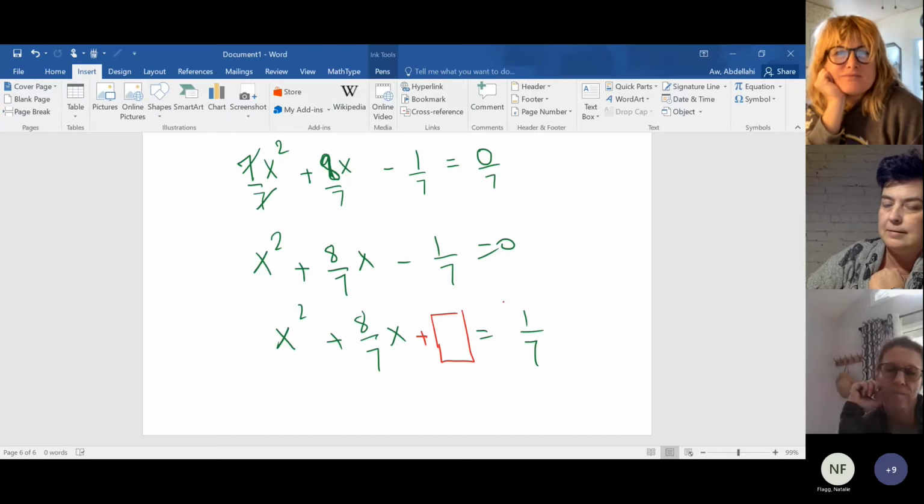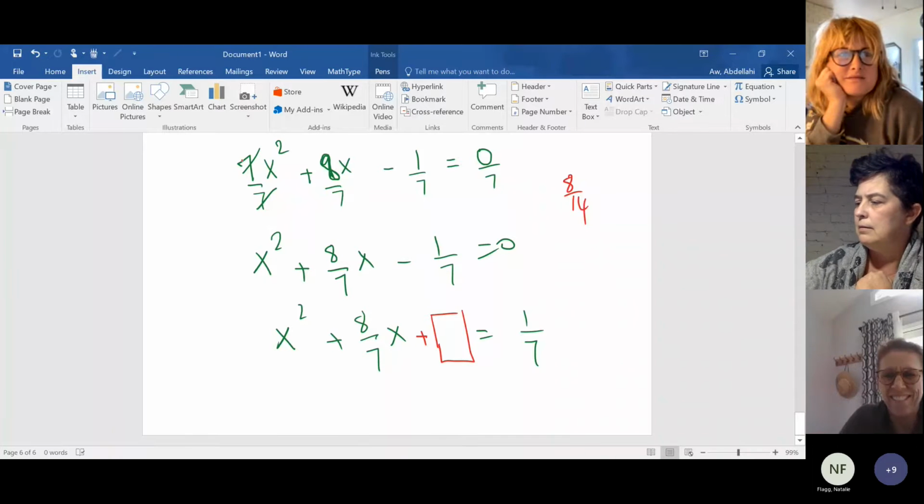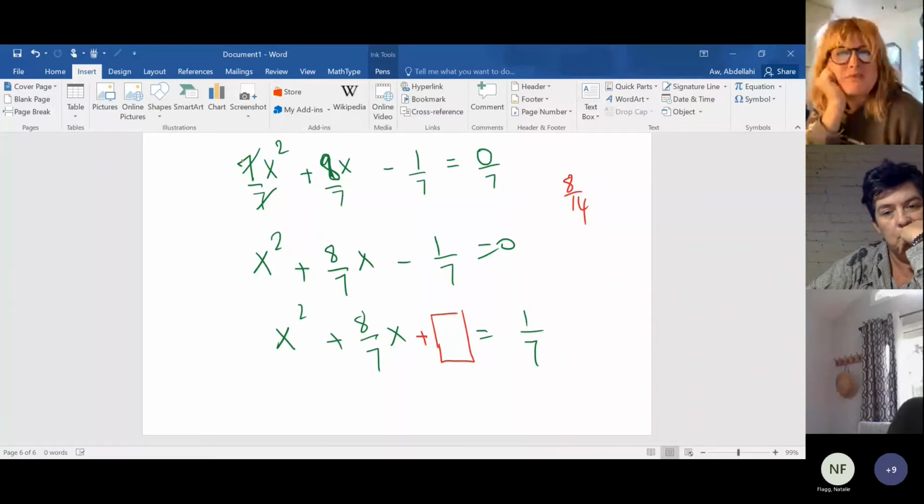But don't worry, I'm not asking this on the test, I'm just making the point. This method works very well, but sometimes, with a random equation, you can have some heavy calculation. So half of 8 over 7 is 8 over 14, which is 4 over 7.